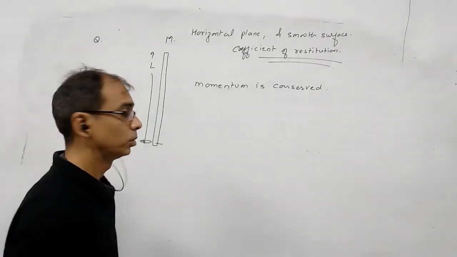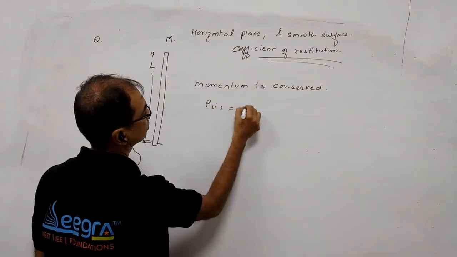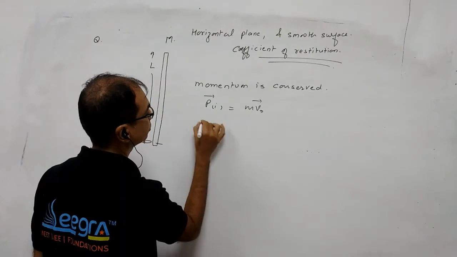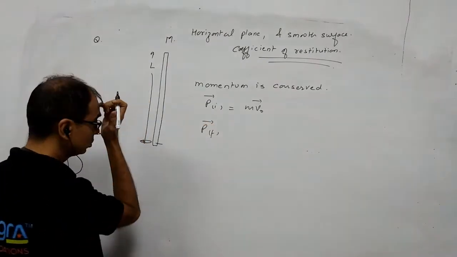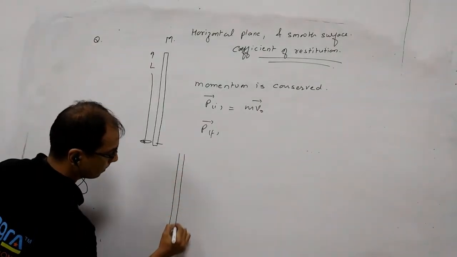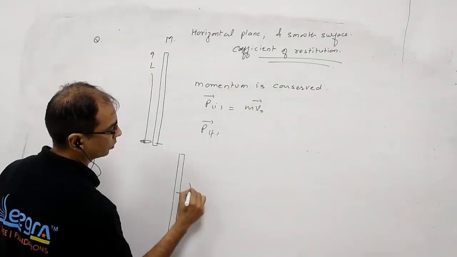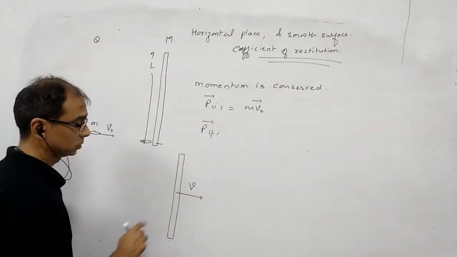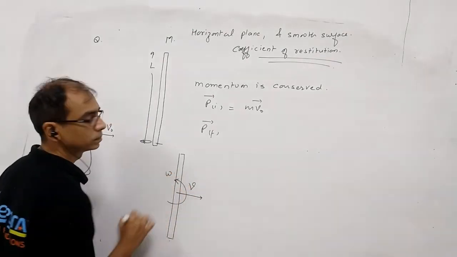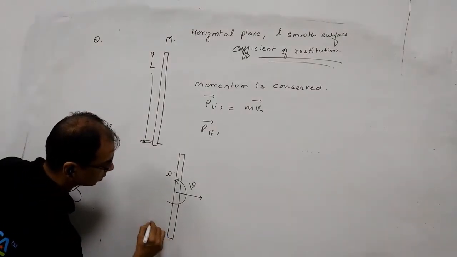Momentum before collision, you write, is mv naught. Momentum after collision: let's assume the rod is moving with v, and at the same time started rotating like this with omega, and the bullet is having velocity v1.